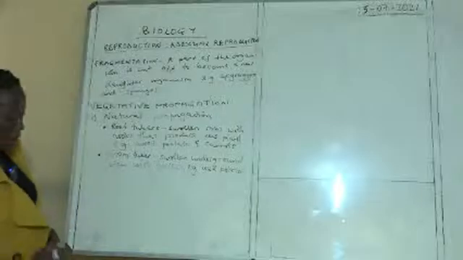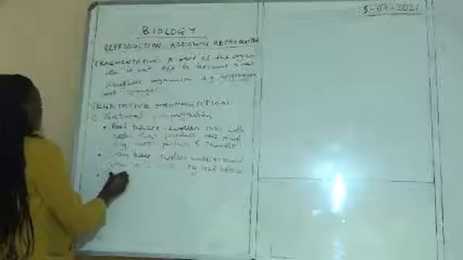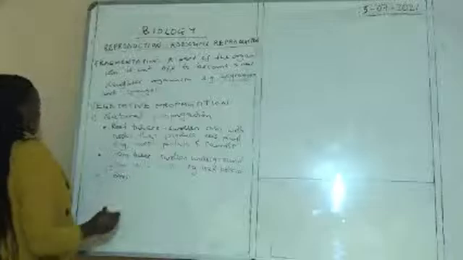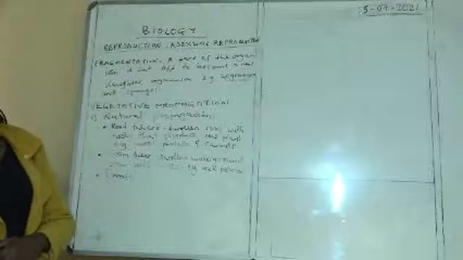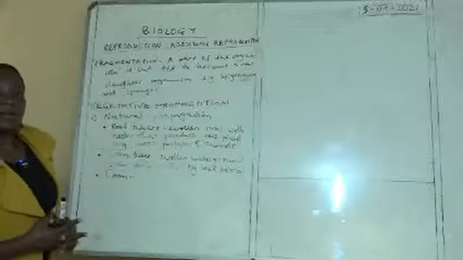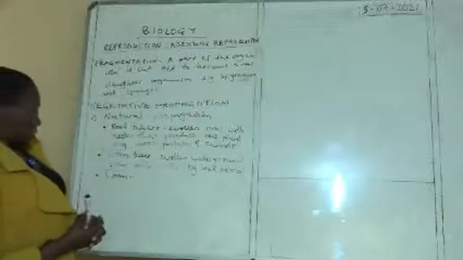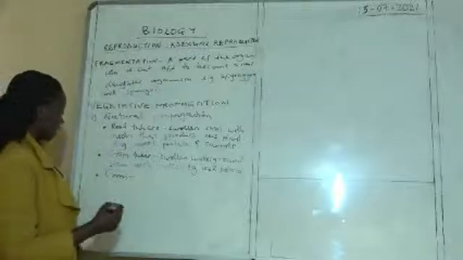The third one, we can look at corms, or a corm. Now, this corm is a vertical underground stem, which has both axillary and apical buds from which a new plant is formed.